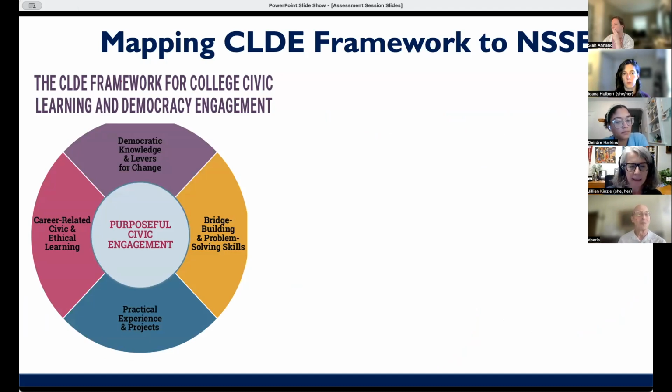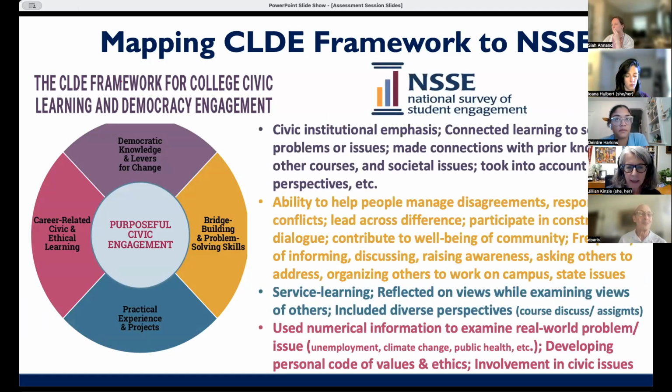The purple represents the democratic knowledge, and the items that pop up on the right-hand side are our association between the concepts and principles that David introduced us to and the items that reflect those principles. So I think there's some good mapping that would allow us to actually report out on some of these dimensions. So I think that's exciting.